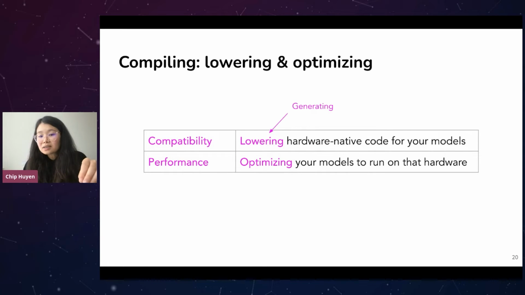It's not translation, because there is no one-to-one mapping from model code to hardware native code. Another thing optimizing compilers do is help with performance. In the process of lowering your model code into hardware native code, the compilers also optimize the model to run on the hardware.